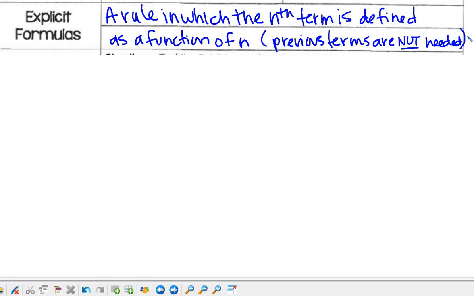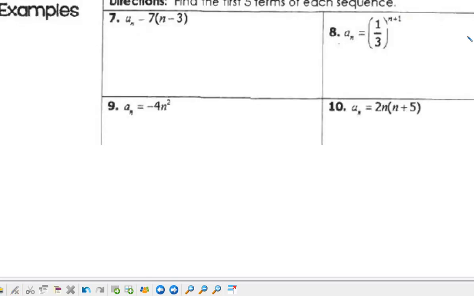So a rule in which the nth term is defined as a function of n and previous terms are not needed. So for example, we're not going to worry about finding the first 5 terms. I only care about the first 3. So a sub 1 means I literally plug in 1.